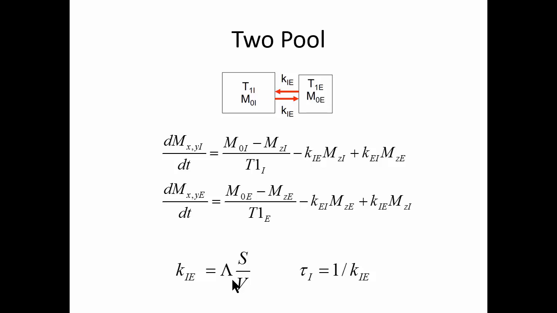If you have very large cells, there is little chance that your water molecule will escape, so the exchange time is very slow, and vice versa if the cell is very small. The inverse of it is even simpler to understand. It's just the average time that the water molecule spends inside the pool before jumping into another.